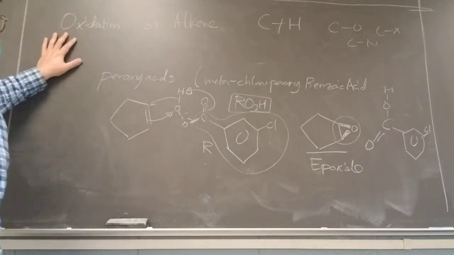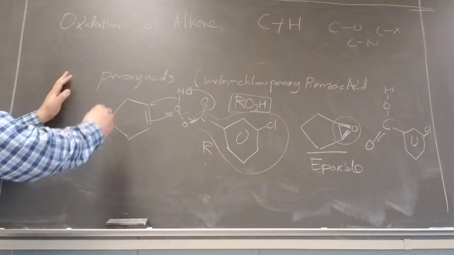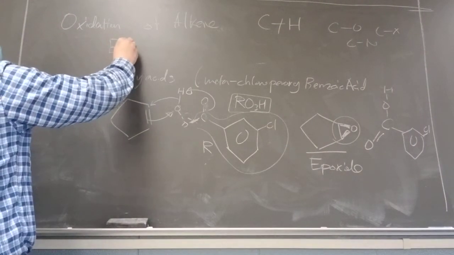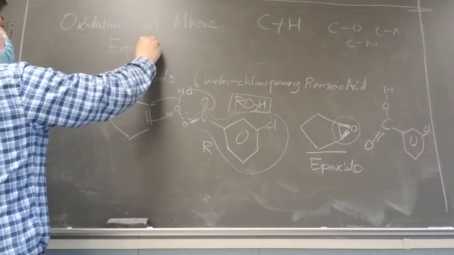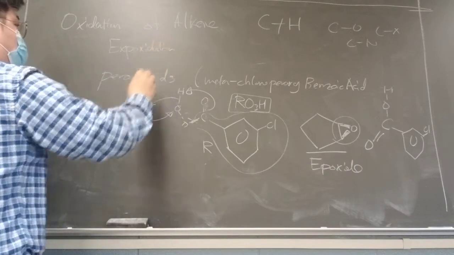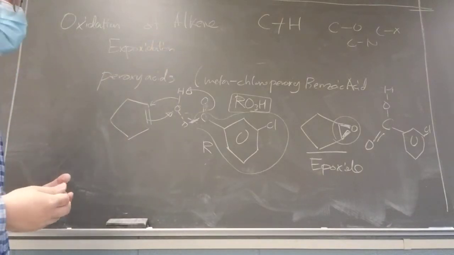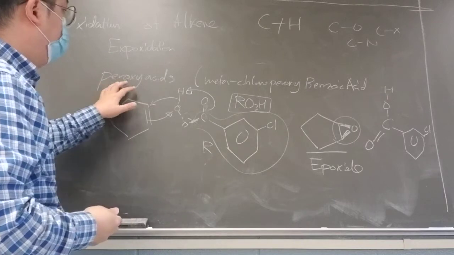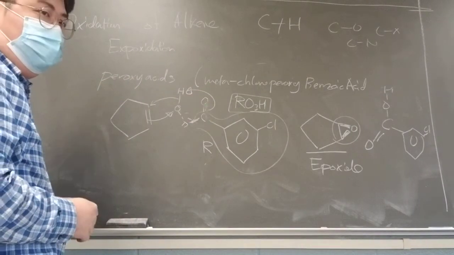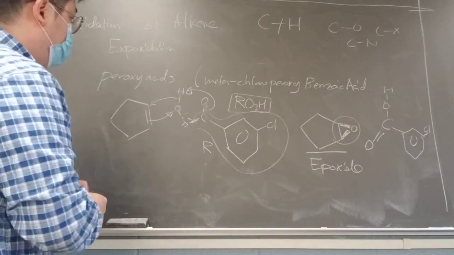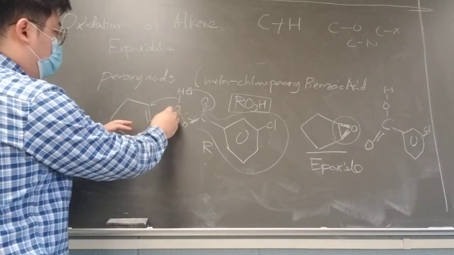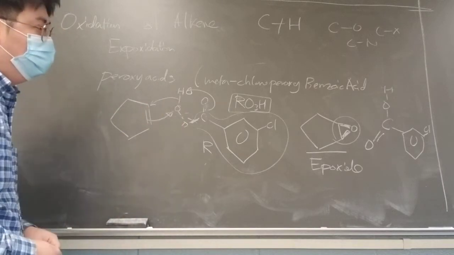So this is one good way to do oxidation. We call this epoxidation. We're simply making epoxide compounds using peroxy acid, something like metachloroperoxybenzoic acid like this one. So this is more like all sequential reactions happening almost at the same time.